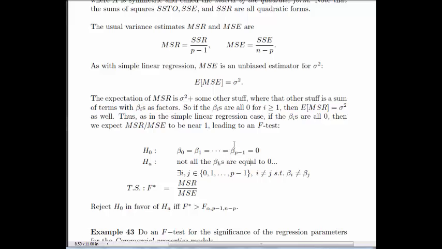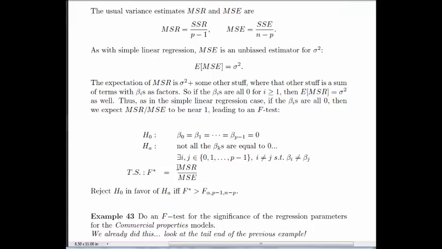At least one or more of them is non-zero. So take a look at this test statistic. Remember, if the null hypothesis is true, then the expected value of the numerator is sigma squared, and the expected value of the denominator is sigma squared. So this number divided by this number in your test statistic should be approximately 1, because they should be approximately the same.